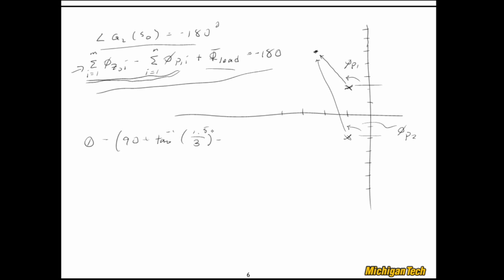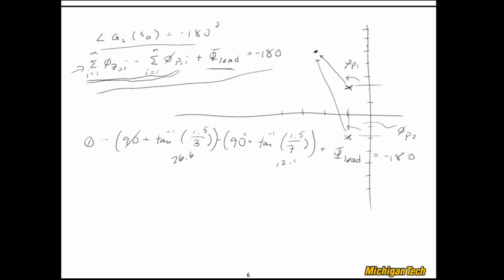And then I have another piece, which is 90 from here to here, plus the inverse tangent of 1.5 over 7. Well, this is roughly 26.6. This is about 12.1. So, and I don't want to forget this, so I have plus the phase lead from the compensator equals negative 180.